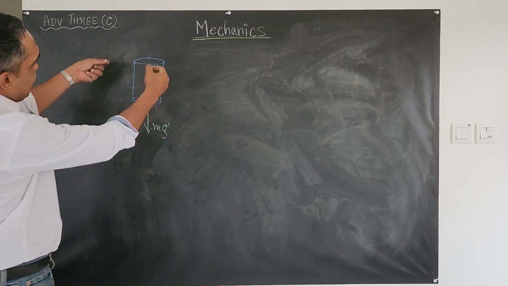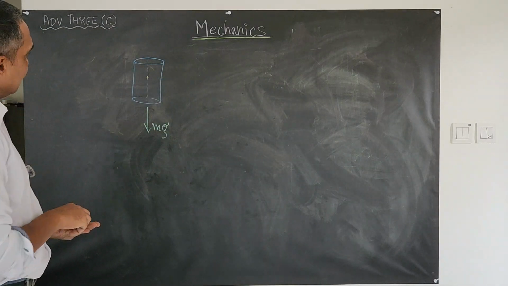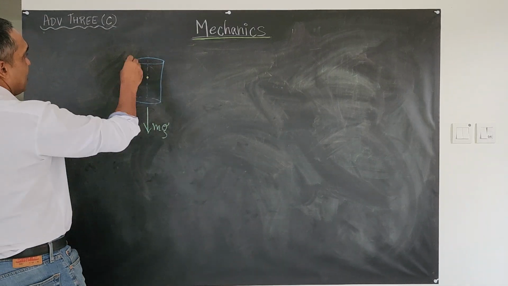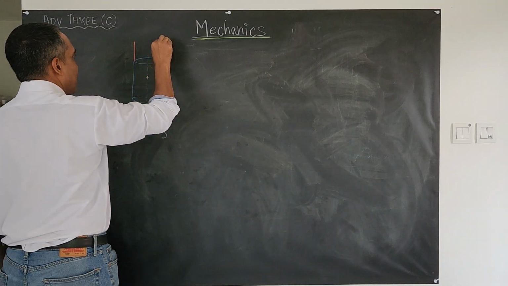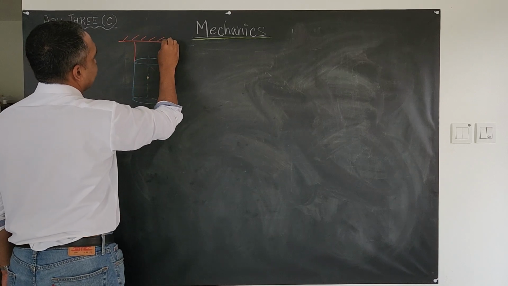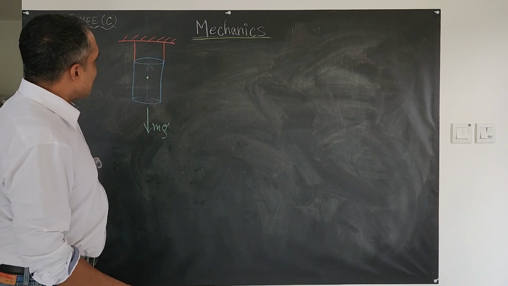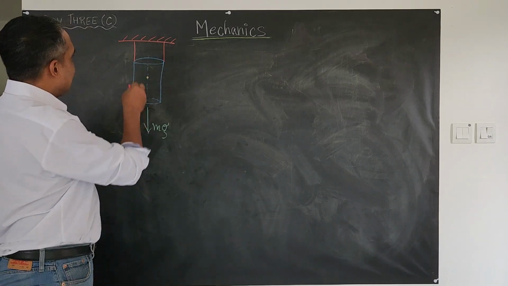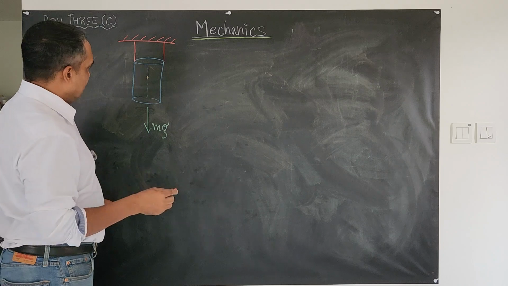If I suspend this cylinder on 2 sides, so for the suspension, I will use a string here, and a string here, and suspend it neatly on top. It's a nice, neat suspension. What I should expect to see is inelastic strings of equal length, right?